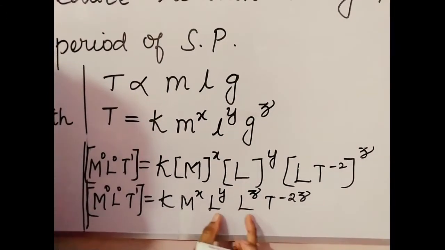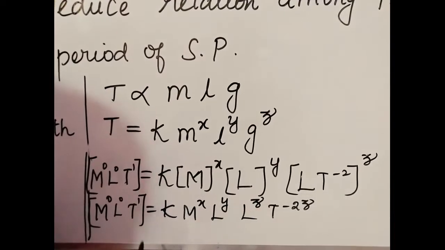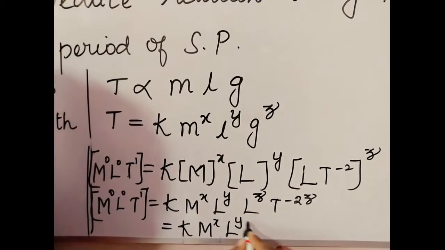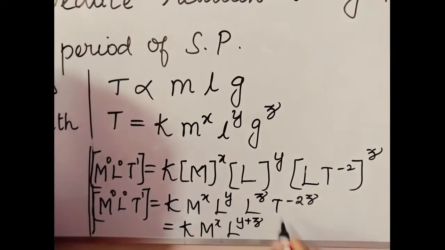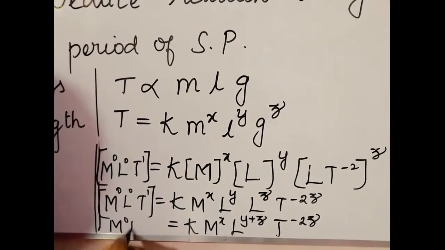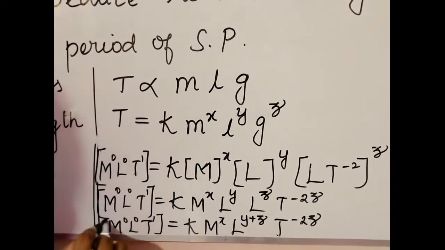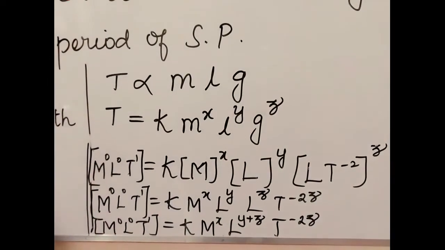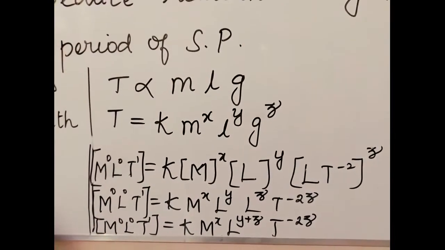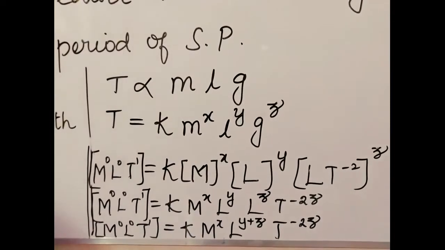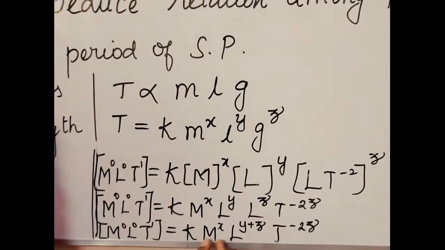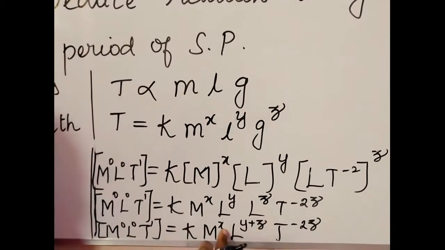Here the base is same, so the powers should be added: K, M power x, L power y plus z, T power minus 2z. Here M power 0, L power 0, T power 1. Now we are going to compare the powers of M, L, T. Now you see the M power is 0 on the left hand side, equal to M power x on the right hand side. So x is equal to 0.